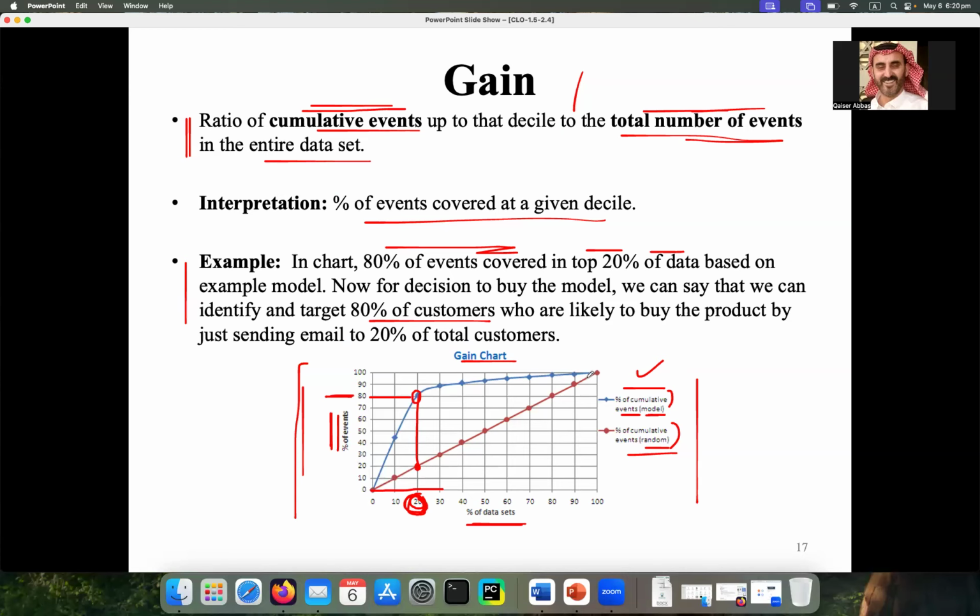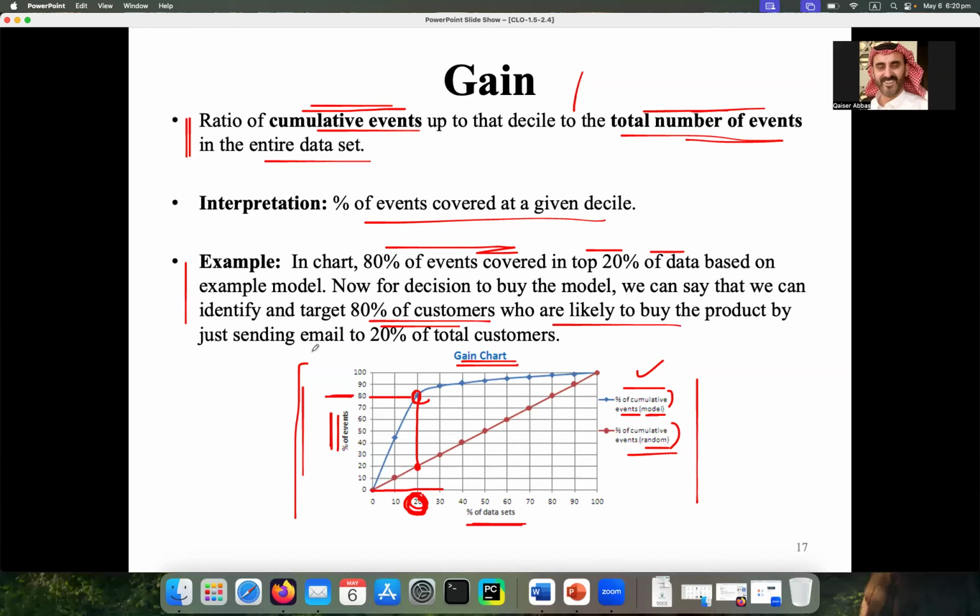But when you go with this model and use this gain chart, you have seen that after covering 20% of the data set, you are actually covering 80% of the customers. And these are the customers who are going to buy the product.